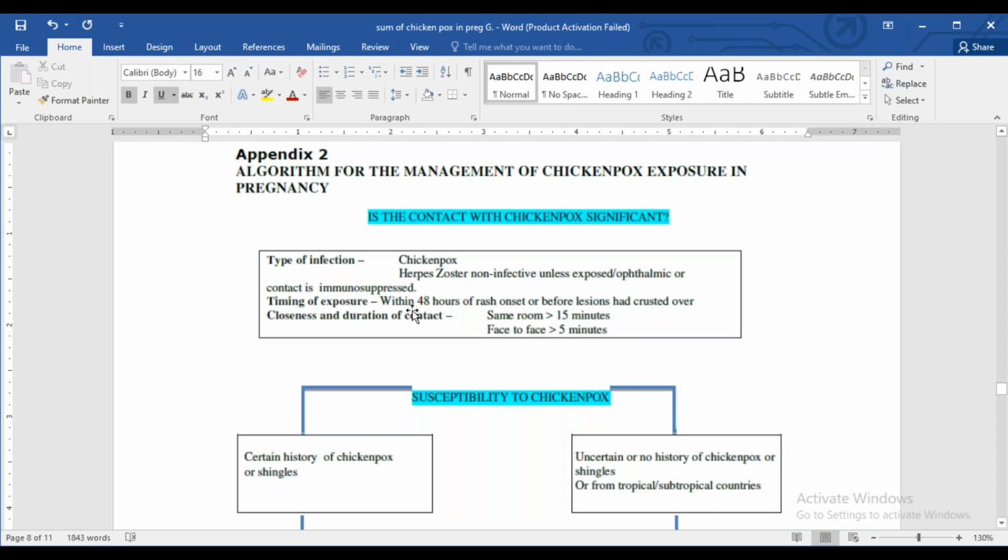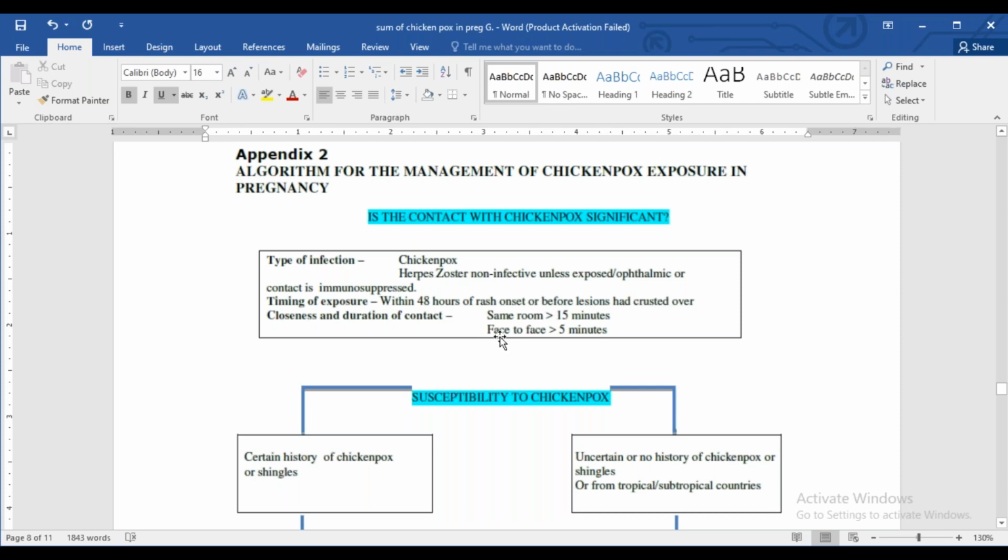Because chickenpox is not infectious all the time. You have to spot whether this exposure happened during the infectivity period, within 48 hours of the rash onset or before the lesions have crusted over.